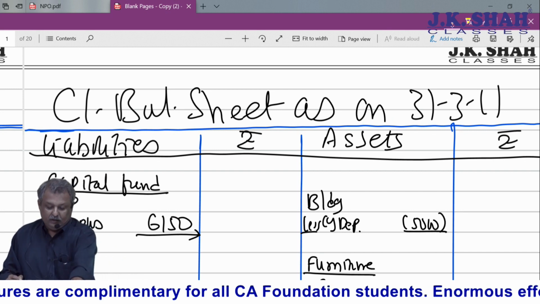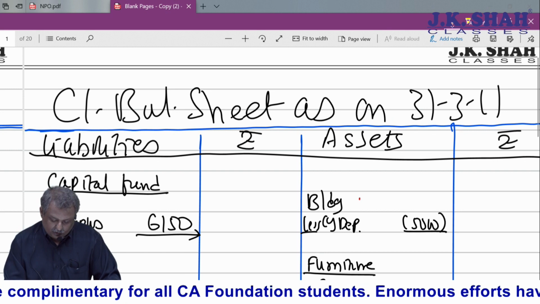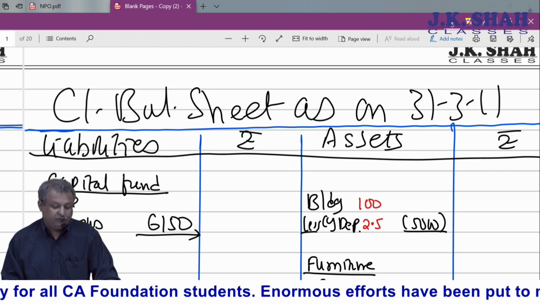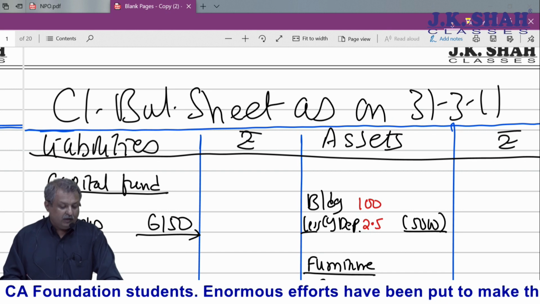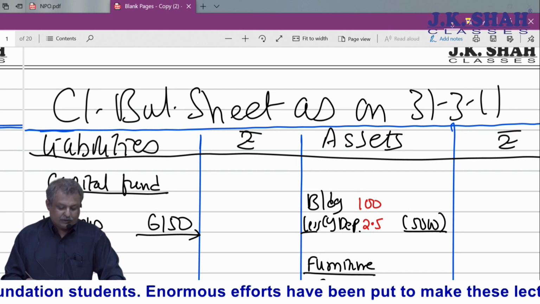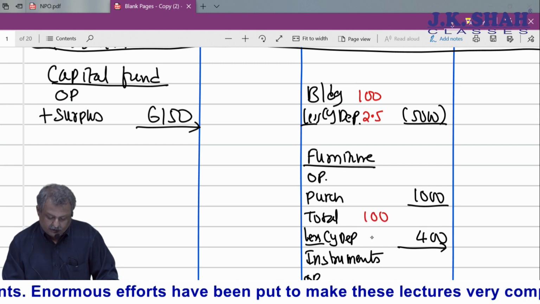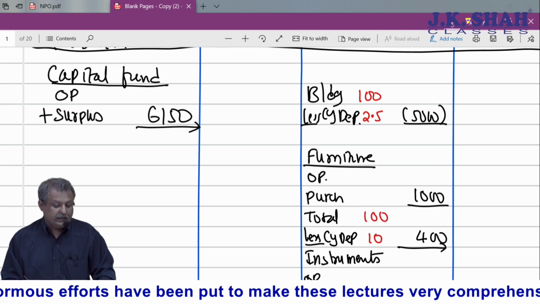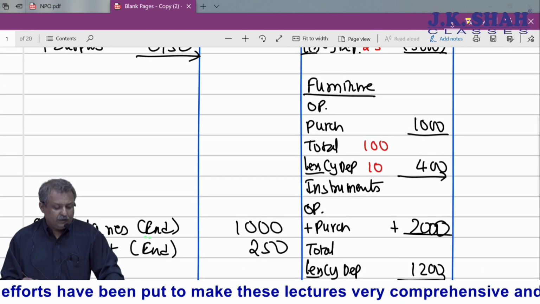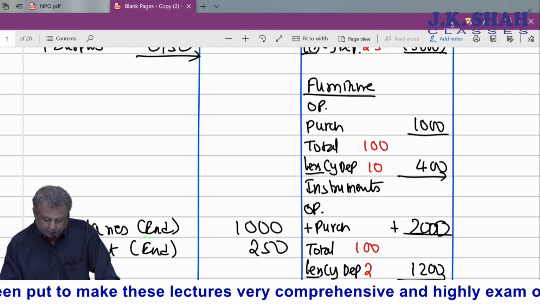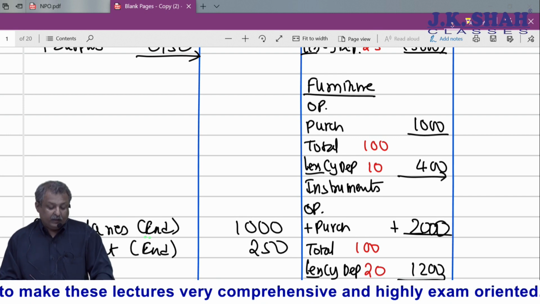So if building total is 100, then depreciation is 2.5. Similarly, furniture is 10%. So if total is 100, depreciation is 10. Instruments 20%. Total is 100, depreciation will be 20.